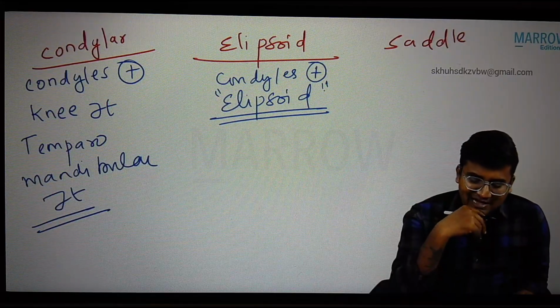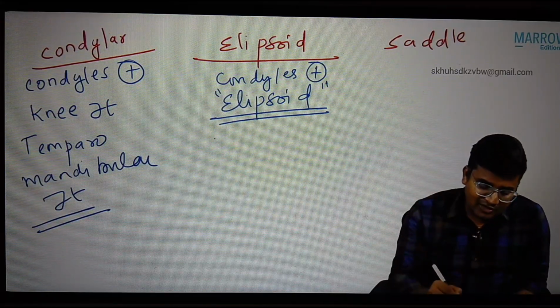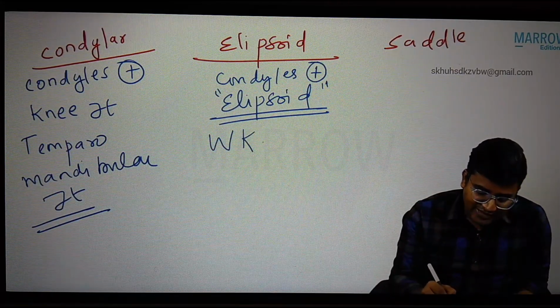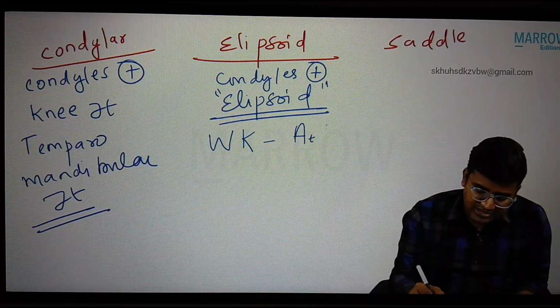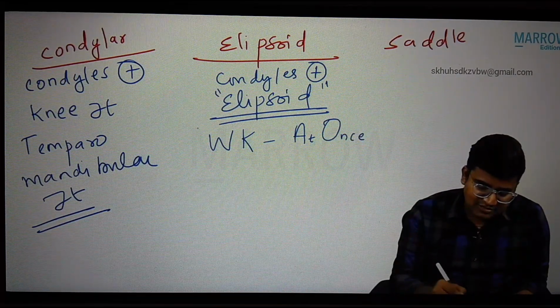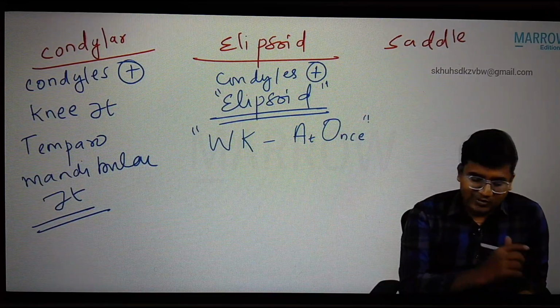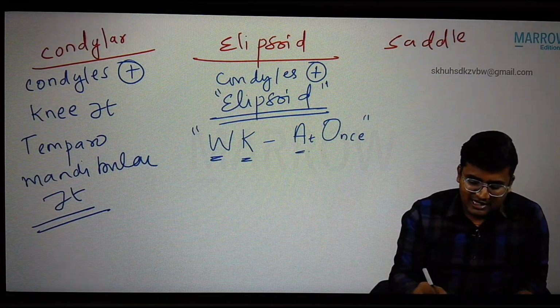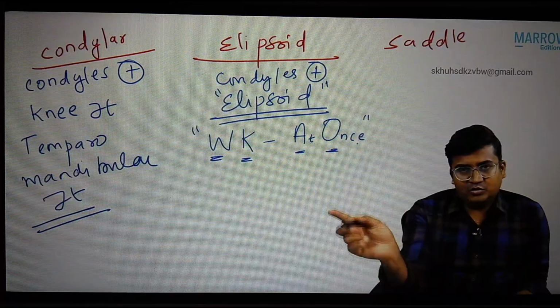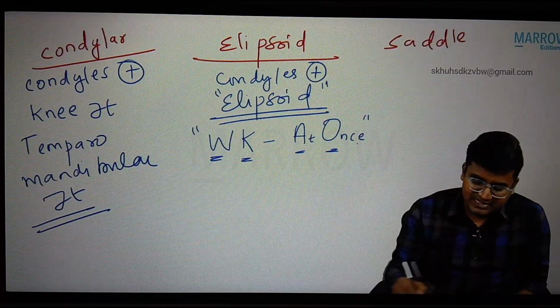Okay. Now the examples for the ellipsoid joint, we have a mnemonic: wicket at once. The first ball itself, the batsman is giving his wicket. WKAO.